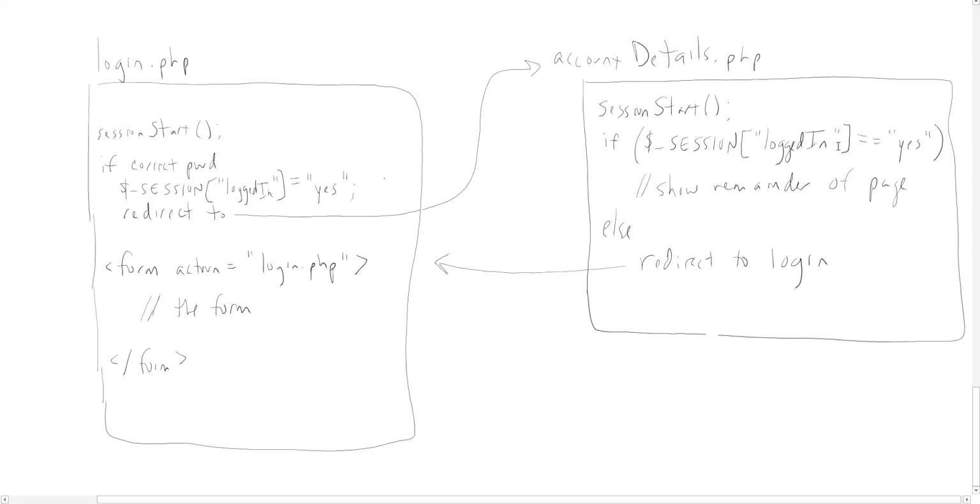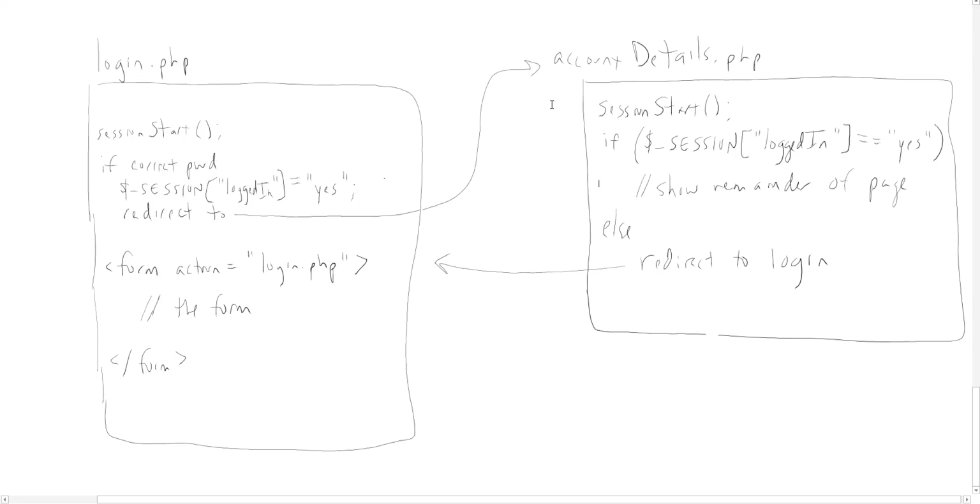In other words, if there's a session variable where the key in the array is logged in, and it has the value yes stored, then we'll show them the rest of the page. Otherwise, we're going to do what's called a redirect and send them to the login page. So this is the part of the code that checks to see whether some session variable called logged in has been set with a value of yes. And if it has been, then we'll show them the remainder of the page.